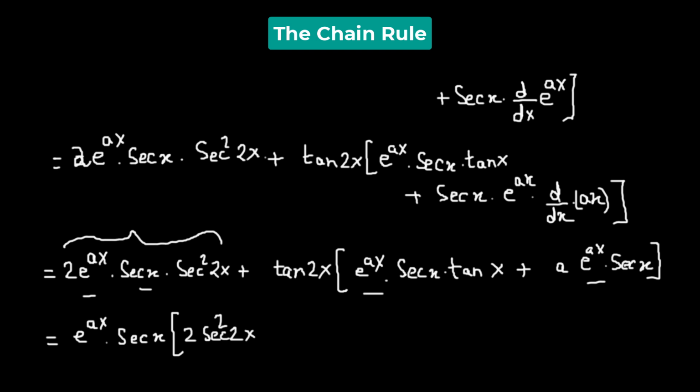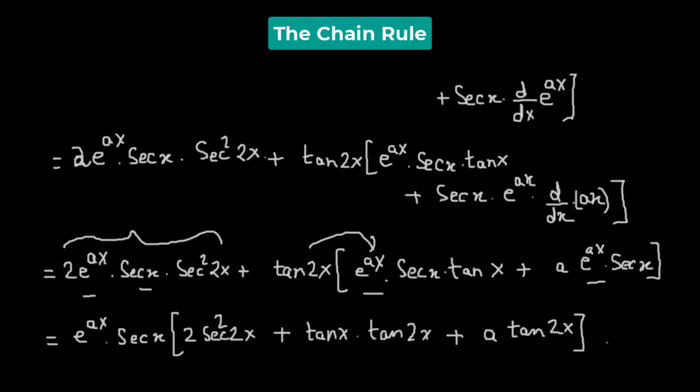From the second term we'll have tangent of x times tangent of 2x, so this multiplied to this entire term will give us the second term, plus in the third term we have a times tangent of 2x. So this is the required derivative of the given function. So let's move on to the next question.